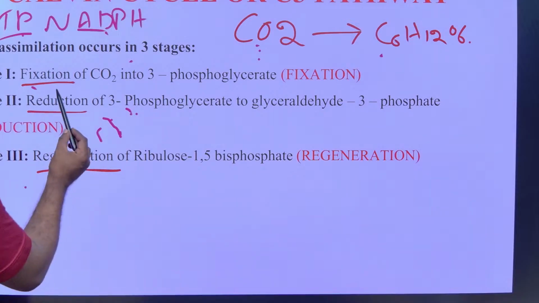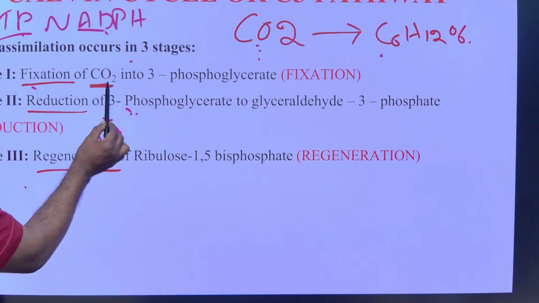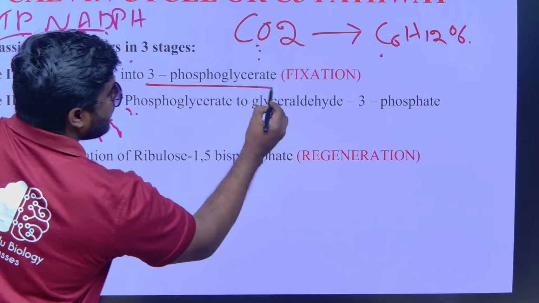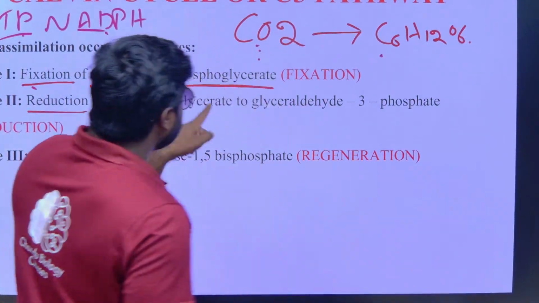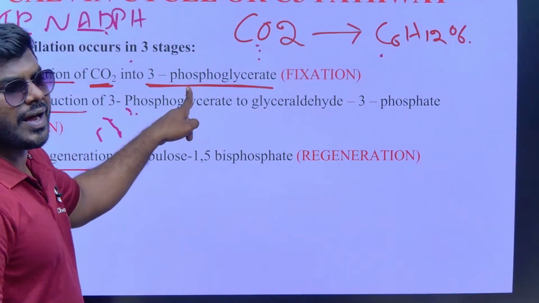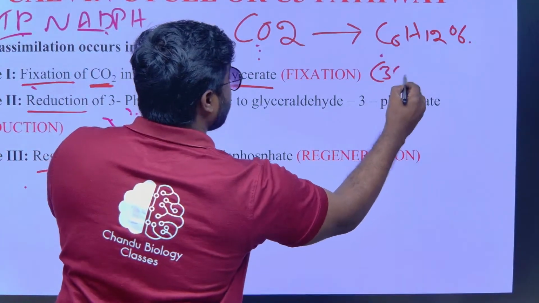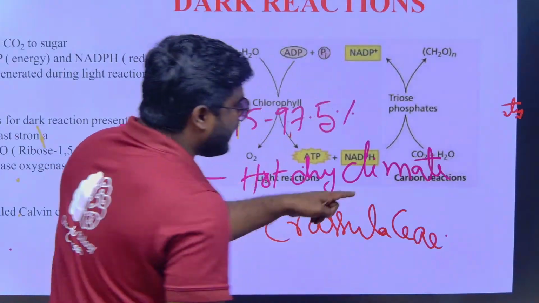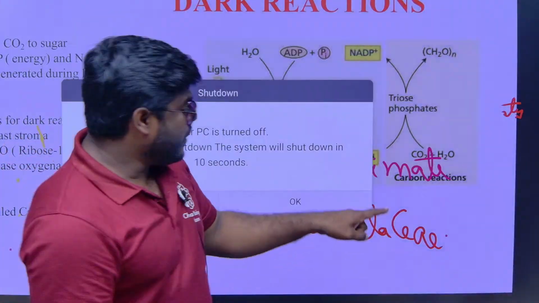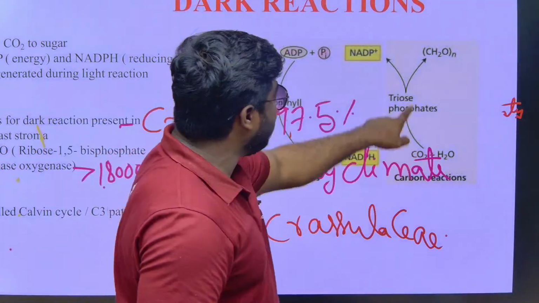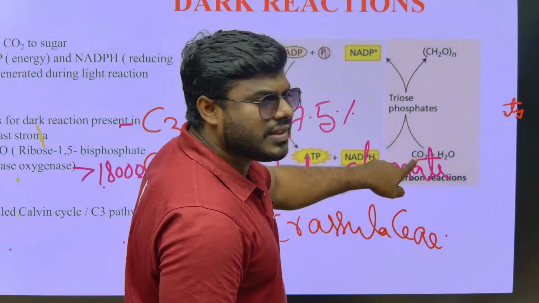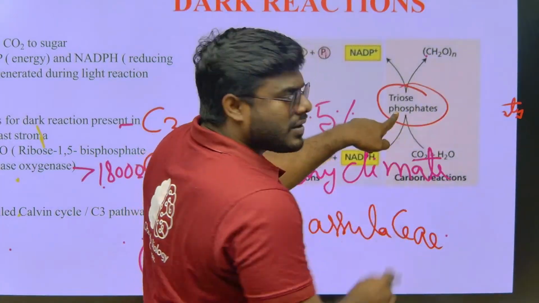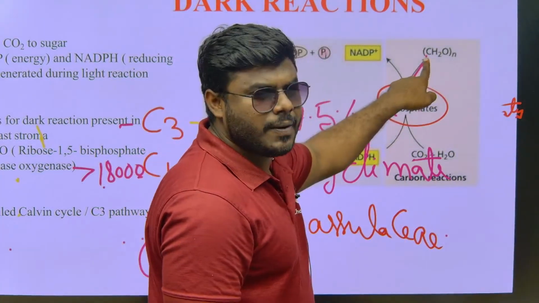So in the first step we are fixing the carbon into 3-phosphoglycerate. How many carbons is 3-phosphoglycerate? 3 carbons, correct? Whenever we fix carbon into glucose, we first fix it into triose phosphate, then we produce the glucose.